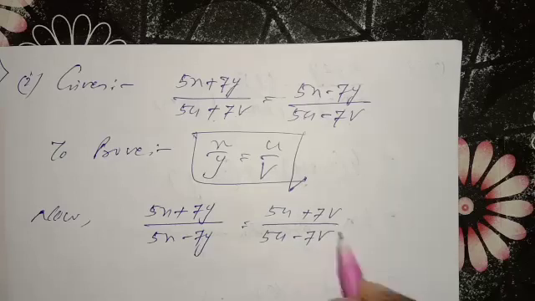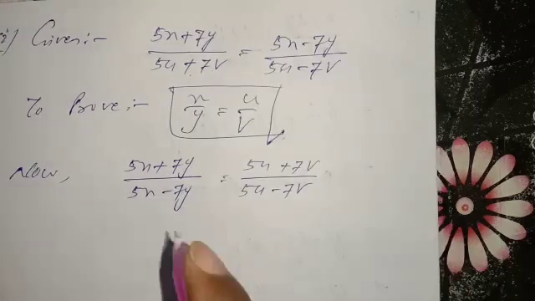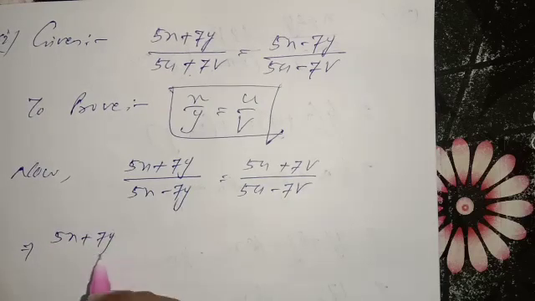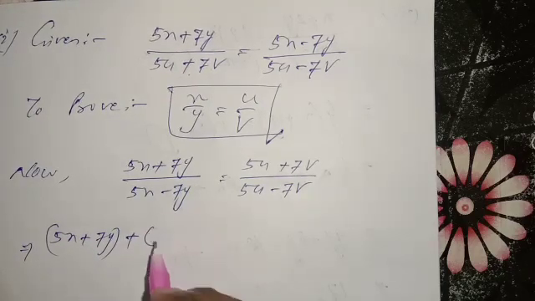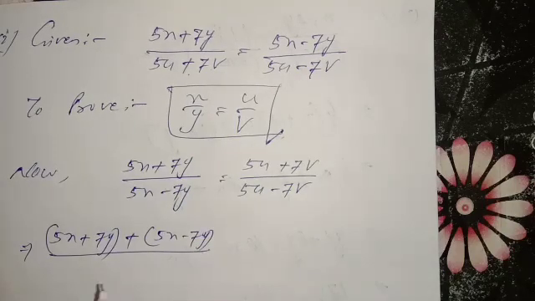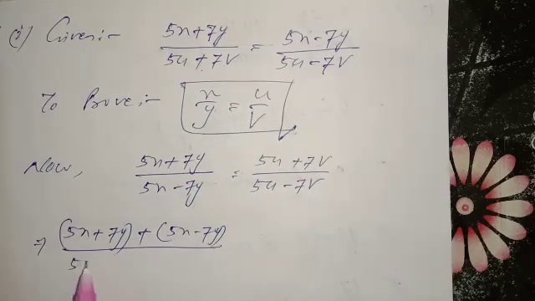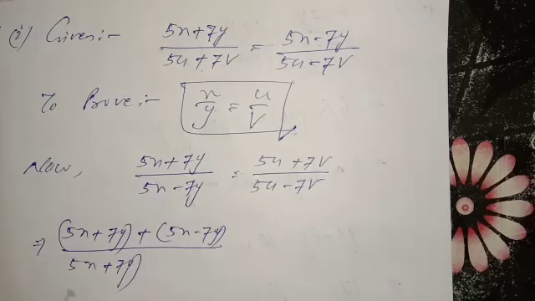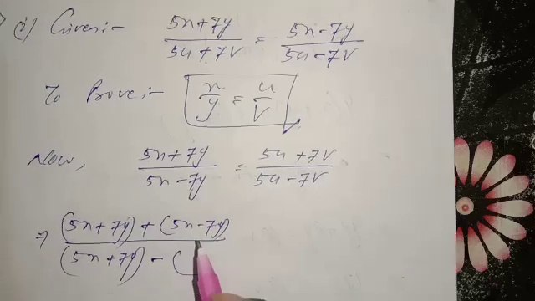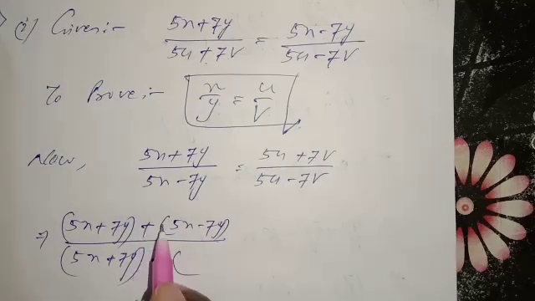Now using componendo and dividendo, what will we get? That means (5x plus 7y) plus (5x minus 7y) divided by (5x plus 7y) minus (5x minus 7y). By using componendo and dividendo, numerator plus denominator over numerator minus denominator, that is a plus b by a minus b.